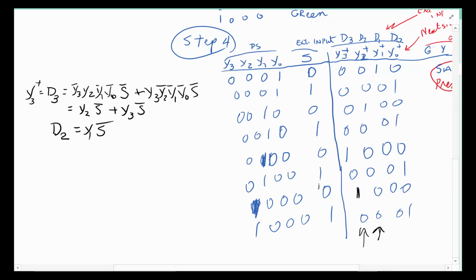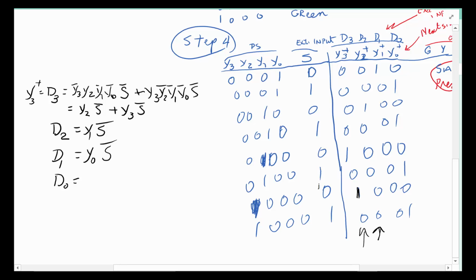Then we go to D1, and in the case of D1, there's only one that happens, and that is when Y0 is true and S is not. Let's see what else we got going.